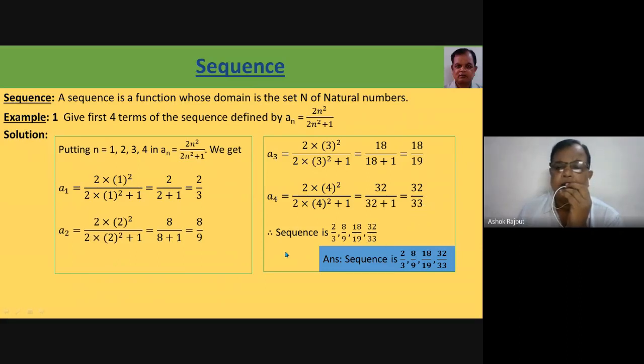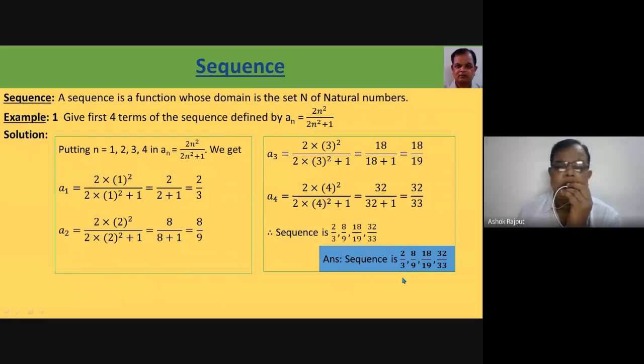Therefore the sequence is 2 by 3, 8 by 9, 18 by 19, and 32 by 33.